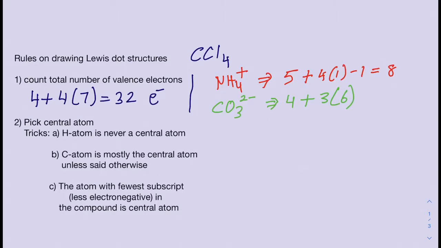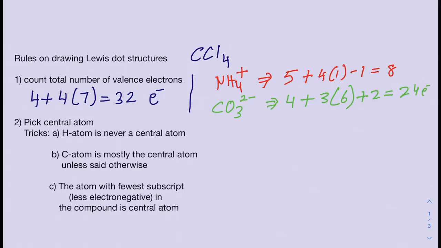And since you've got 2 minus there, that's extra electrons. Remember, whenever we have a negative charge, it means you've got excess electrons in there. So you're going to have to add 2 electrons to the total. So it's going to be 18 plus 4, 22, plus 2. That's going to be a total of 24 electrons in this molecule.